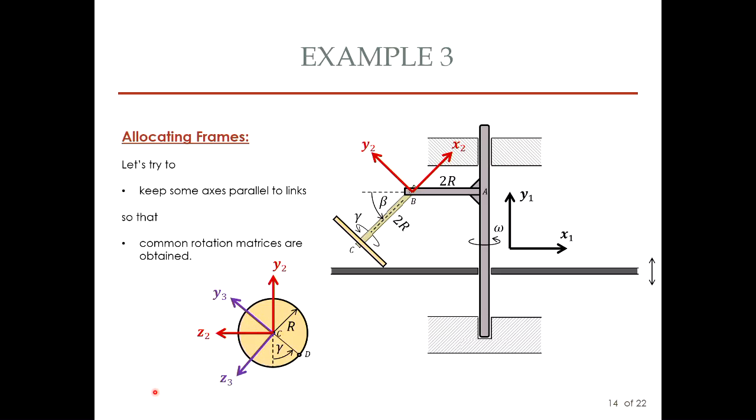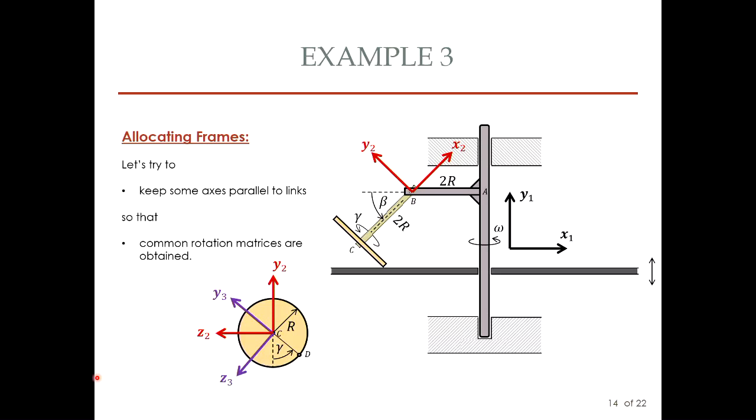And what I attach to the wheel is the purple frame 3. Frame 3 is rotating by gamma about the x2 axis. So I just want to assign it like that: when gamma is 0, my frame 3 and 2 are co-oriented, so I'm having the same orientation between the red and the purple frames.